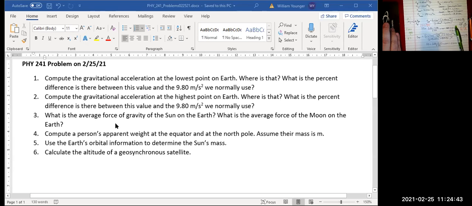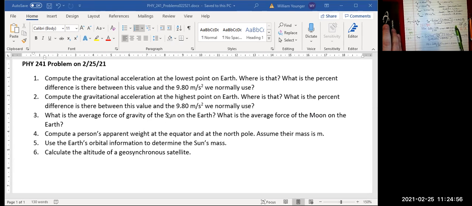All right. So let's look at sharing the screen again. I'm going to show you the next problem I've got made up for you. So we did 1 and 2. What I want to know is what's the average force of gravity of the sun on the Earth, and then what is the average force of the moon on the Earth. So both of them are pulling on the Earth with a force of gravity.